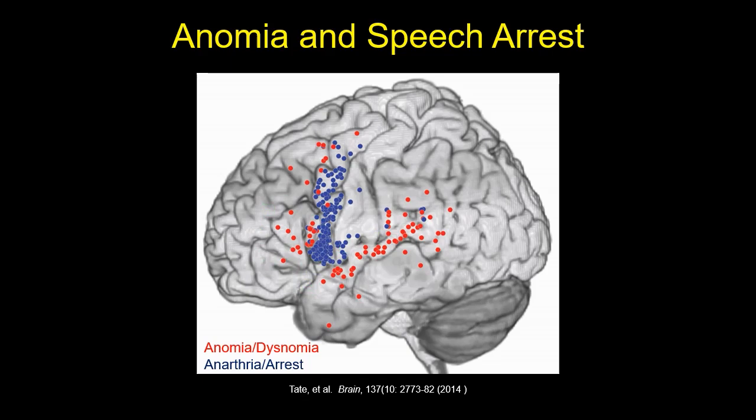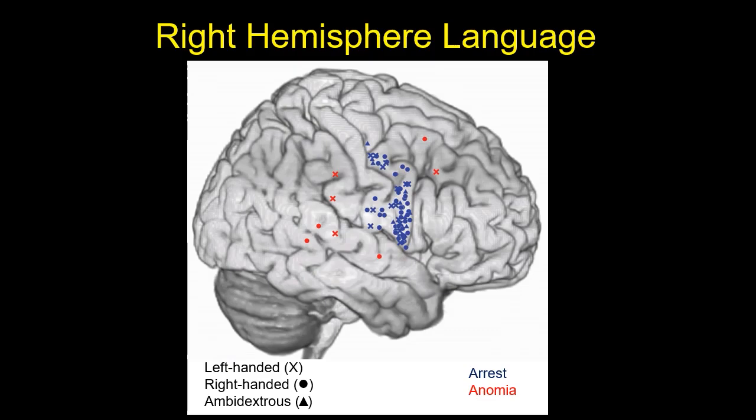However, stimulation within Broca's area, as well as the classic Wernicke's area, did elicit true language disturbances, as evidenced by anomias and dysnomias of these distributions. A similar distribution of speech arrest and anomia sites were observed in the right hemisphere of left-handed and ambidextrous patients.